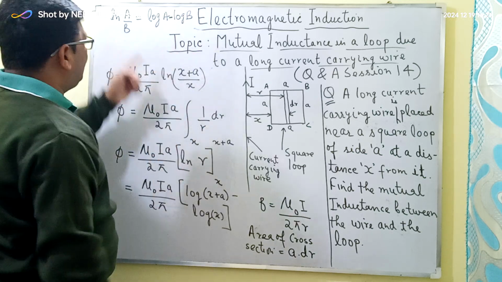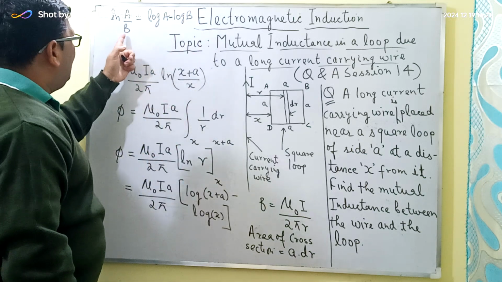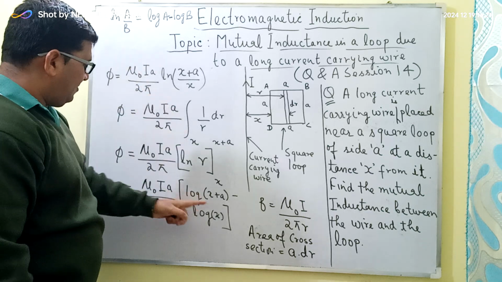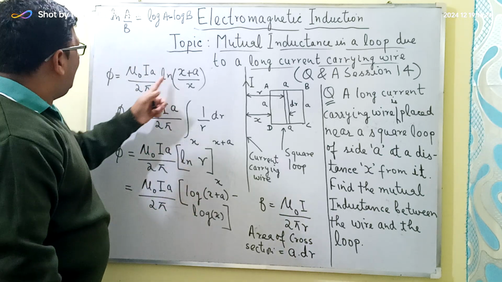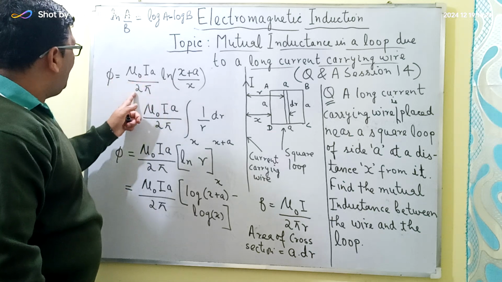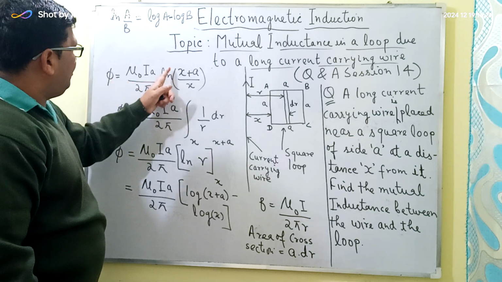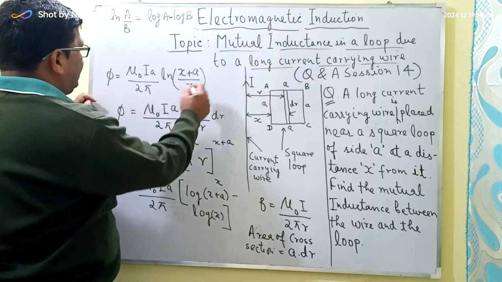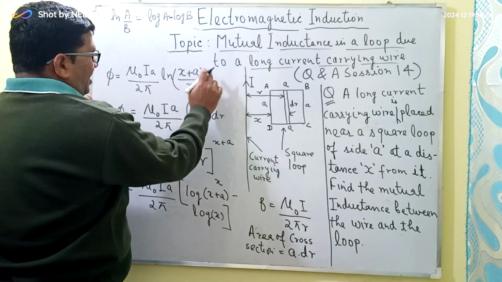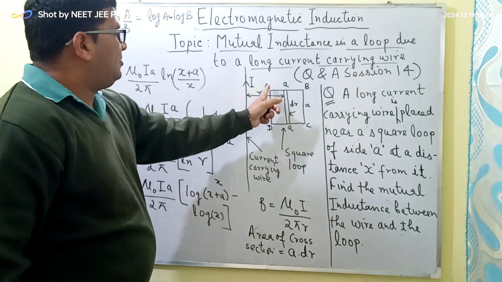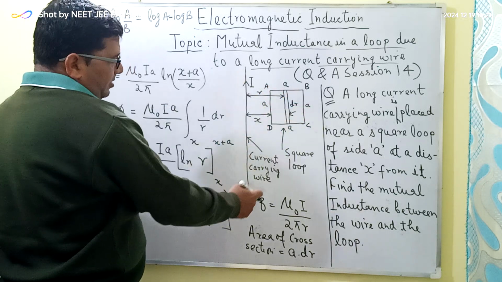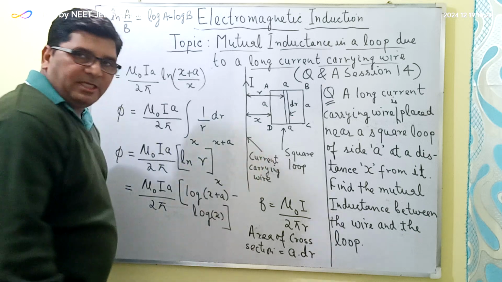So by using this relation, I have written this value as mu naught I a upon 2 pi, the natural logarithm in bracket x plus a divided by x. So this is the magnetic flux which is linked with this square loop ABCD due to this long current carrying wire.